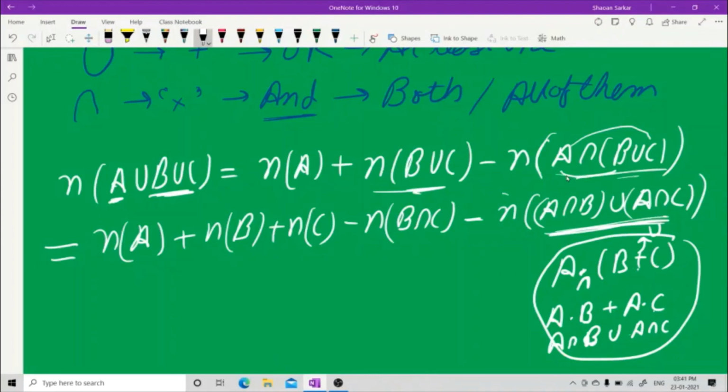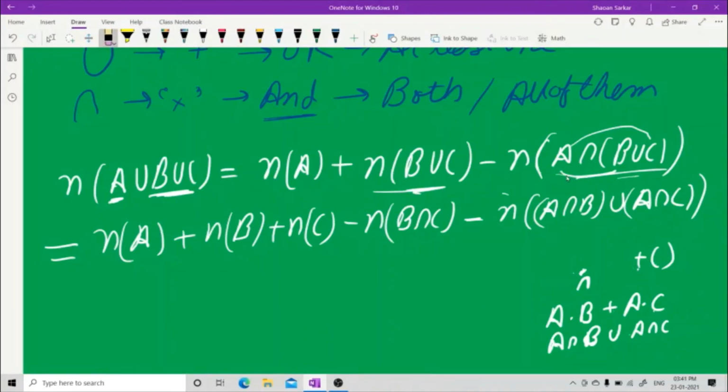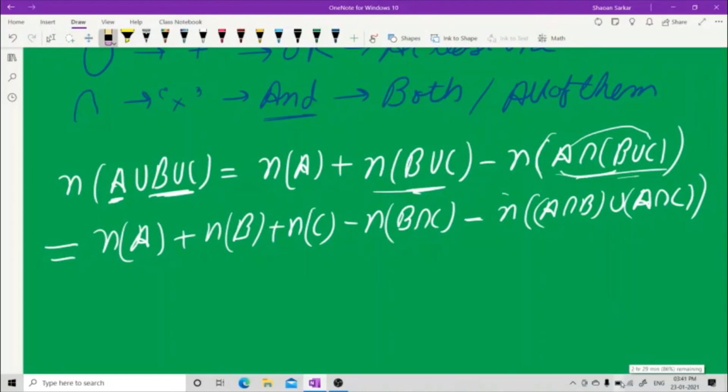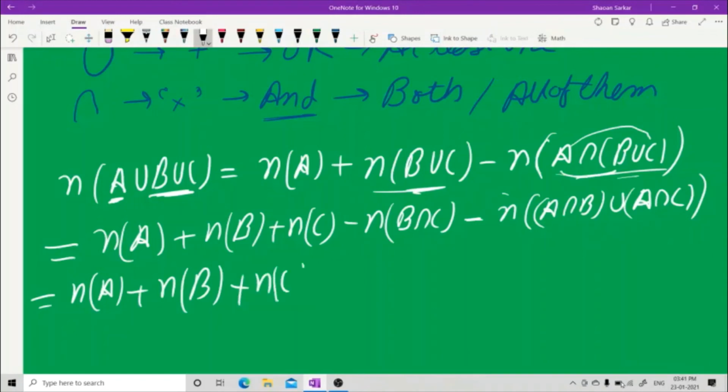Now let's erase all this. You can stop the video and you could have written that. Now this is going to be N(A) plus N(B) plus N(C) minus N(B intersection C). Now put the minus outside.